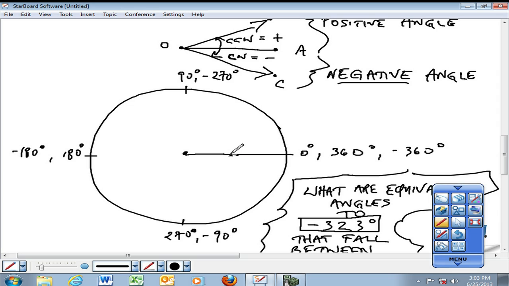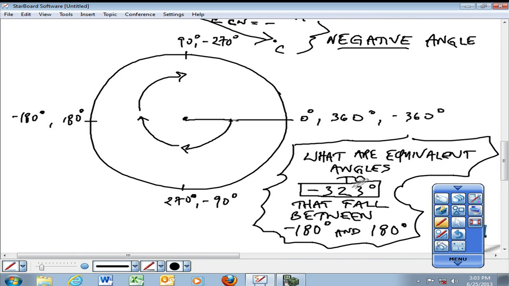So you'd start here, that's negative 90. There's negative 180, negative 270. And we know that negative 323 degrees is going to fall somewhere within this range, because going this far, we're at negative 270.